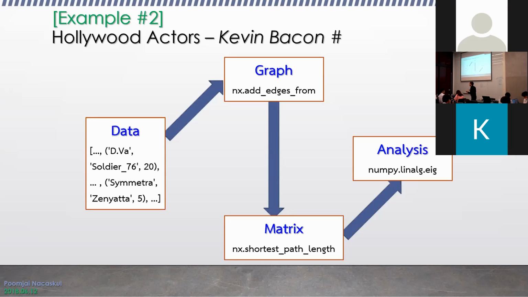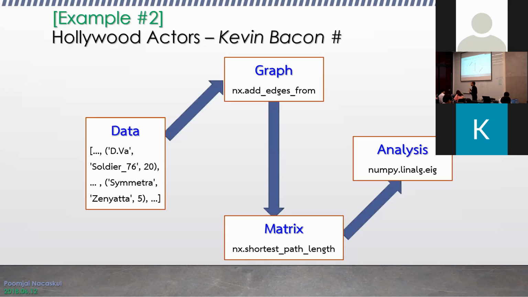If you're in the same movie as Kevin Bacon, you have a Kevin Bacon number of 1. If you never acted in the same movie as Kevin Bacon, but you acted in the same movie as somebody who acts in the same movie as Kevin Bacon, you have a Kevin Bacon number of 2. Okay? And you can have a Kevin Bacon number of 3, 4, 5, 7. This is the tightness of the actor. Okay? Somebody claims no actor or actress in Hollywood has a Kevin Bacon number bigger than 6.